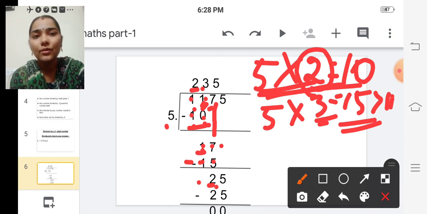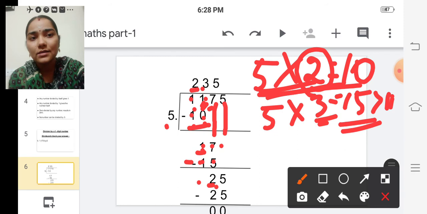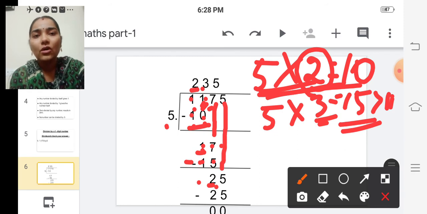And we have to bring down the 5 ones of the dividend. So here we have to write 5. So the number becomes 25. And what is 5 fives? 5 fives are 25, isn't it?